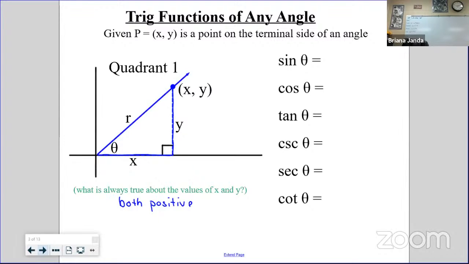If I then connect that point back to my origin, it completes this right triangle. The angle at the origin is always going to be theta. So when you're asking about the trig ratio, sine, cosine, any of them, for theta, theta is always located at your origin. So when we connect back to the origin from our point, theta is located there.